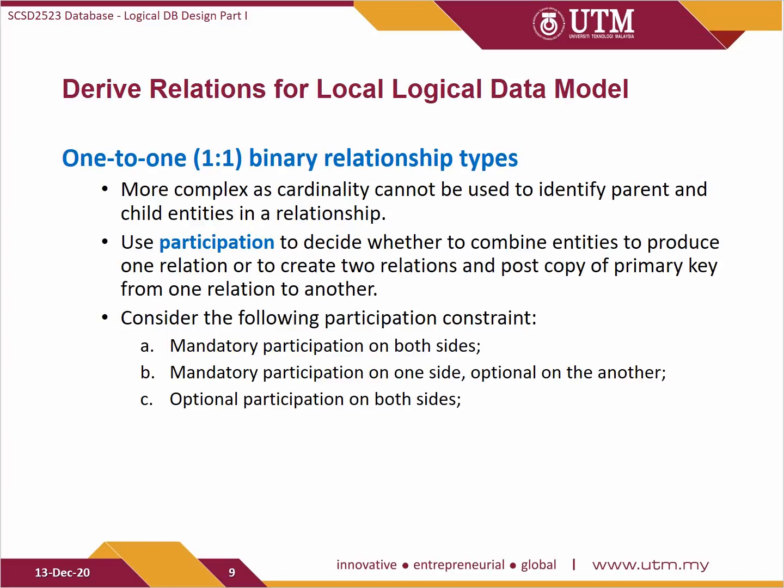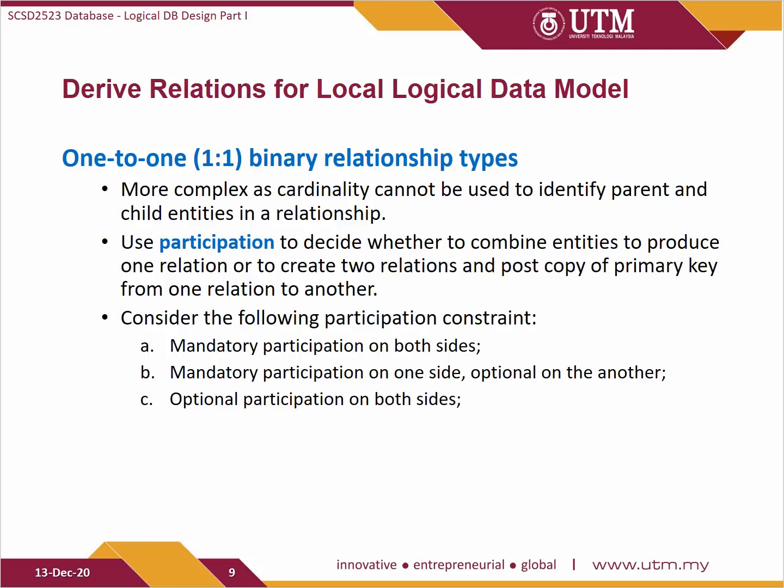Okay, next is one-to-one binary relationship types. For your information, creating relations to represent a one-to-one relationship is likely more complex. It is due to the cardinality cannot be used to identify parent and child entities in a relationship.